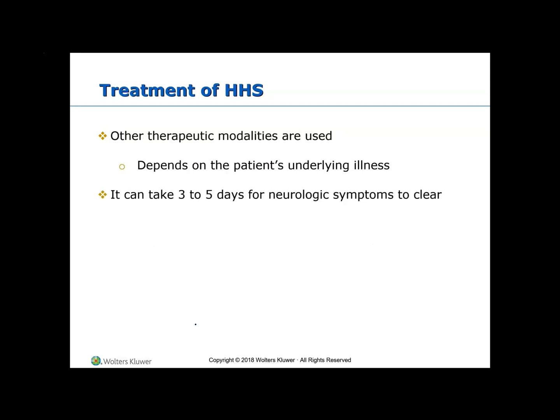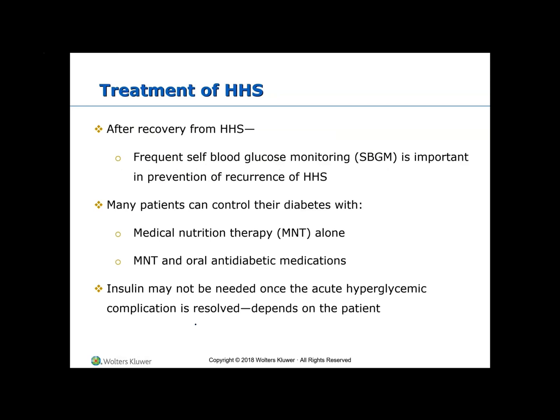Like I said, it could take 3 to 5 days for neurologic symptoms to clear. Your brain is dehydrated, and as you start to reintroduce fluids slowly, it's going to take some time for everything to clear and be back to baseline.